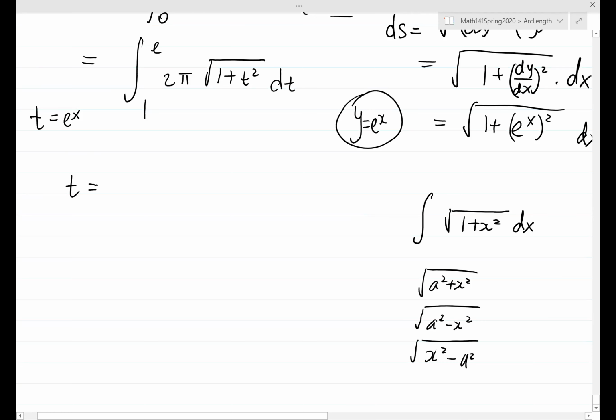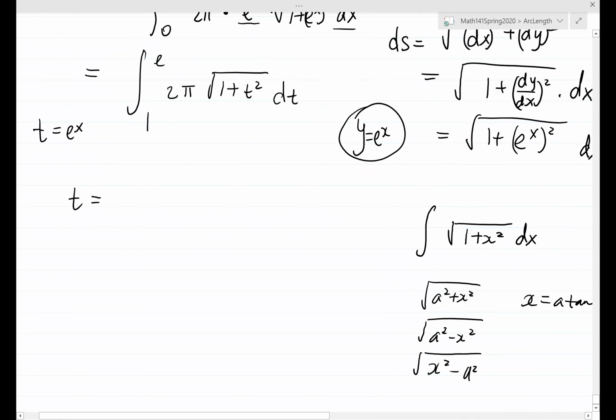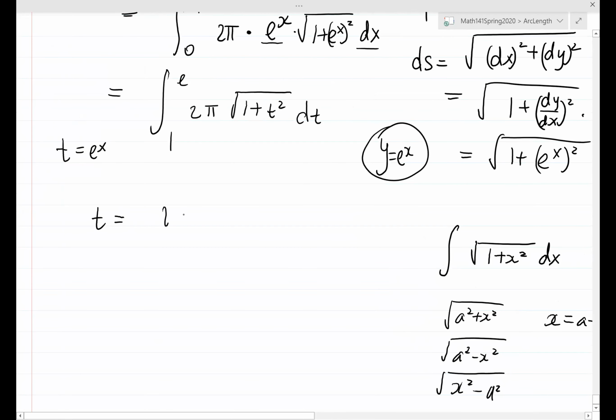For a squared plus x squared, we let x be a tangent theta. So let t be tangent theta. Then 1 plus t squared will be secant squared theta, and dt will be secant squared theta d theta.